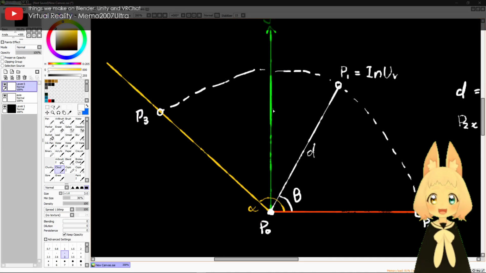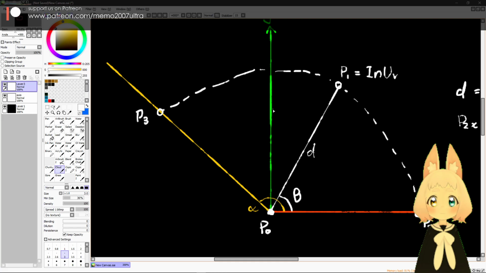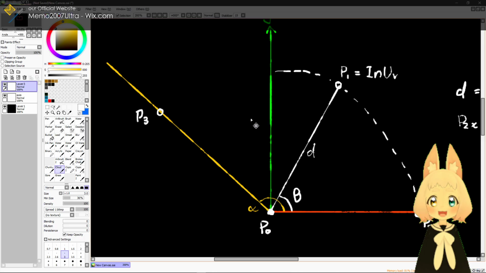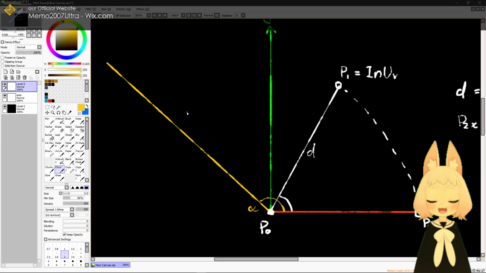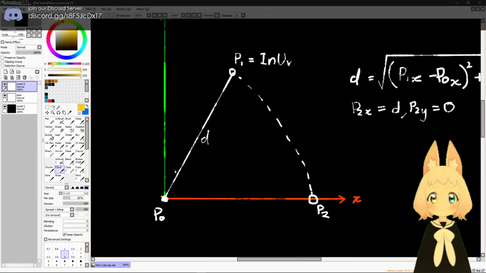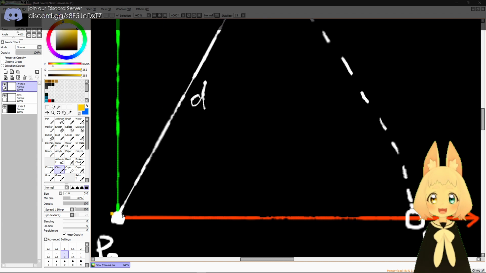So now the question would be something. Oh wait, let's simplify it. So instead of having this wide angle over here, let's try to clamp things down into the first gradient.